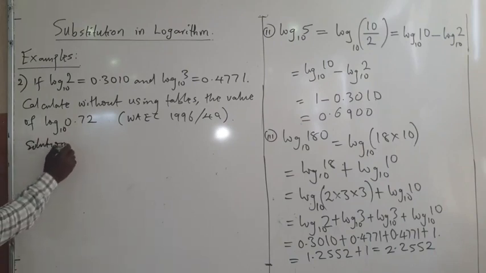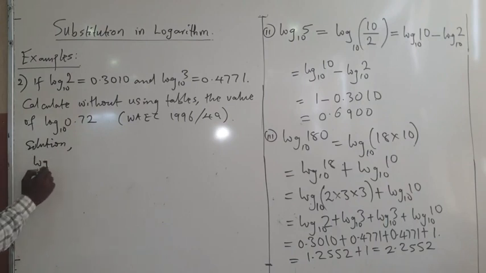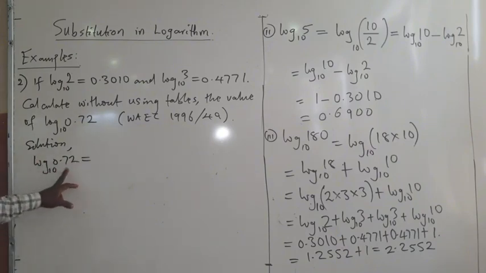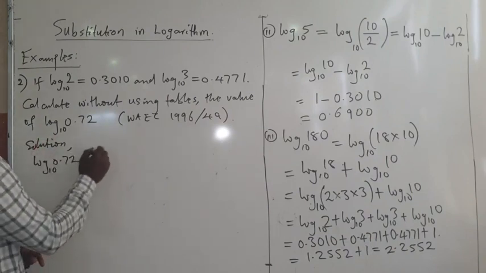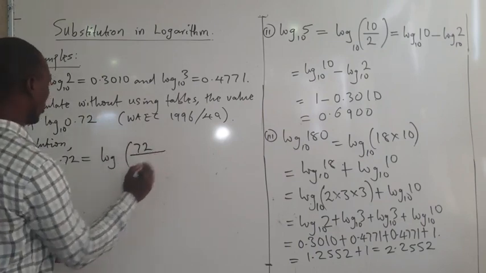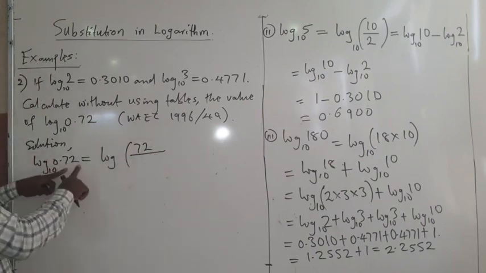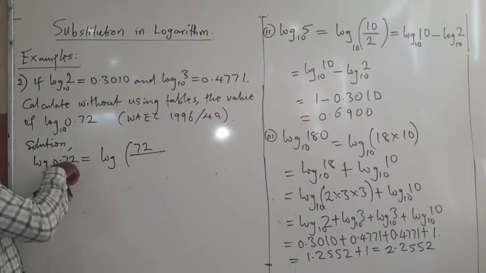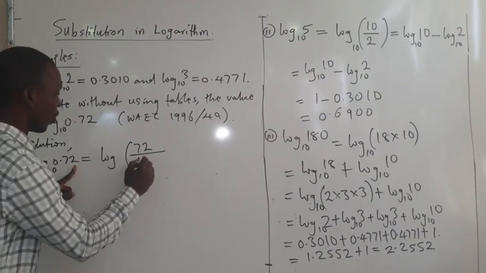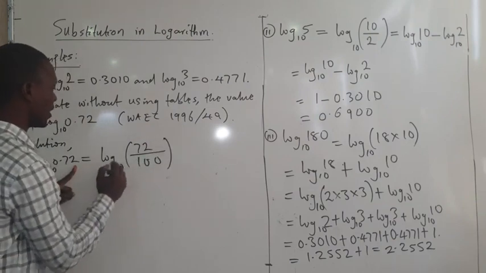So solution. To solve for this, we have log 0.72 base 10. The first thing to do is to express 0.72 as a fraction. To express this as a fraction is going to be log of 72 over 100, base 10.